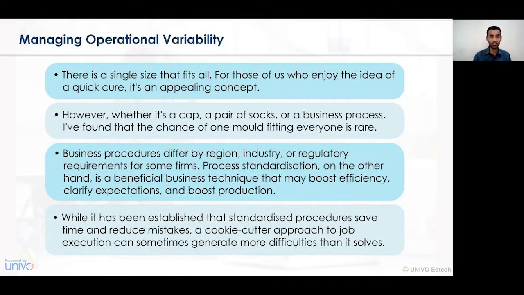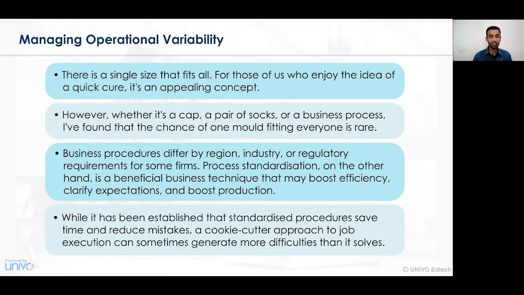One has to manage what the various operational activities undertaken are, how the time may vary from the time that has been decided or set, and how to overcome those variations. The business process that we are undertaking may differ from product to product, commodity to commodity, service to service, and so on.